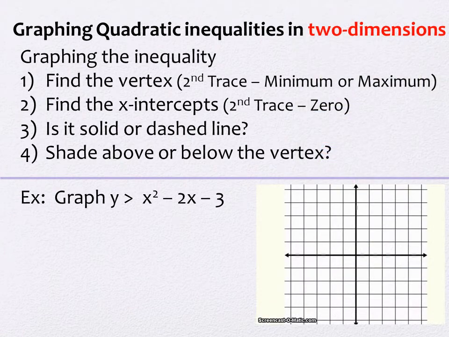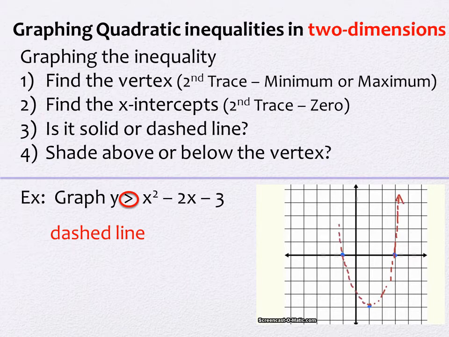Let's graph this. So on our coordinate plane, we mark the vertex, which is at 1, -4. We have a 0 at 3 and a 0 at -1. Now since it's a strictly greater than sign, we're going to use a dashed line for our parabola. So sketching our U-shaped graph through those 3 points, as accurately as we can, we get this.